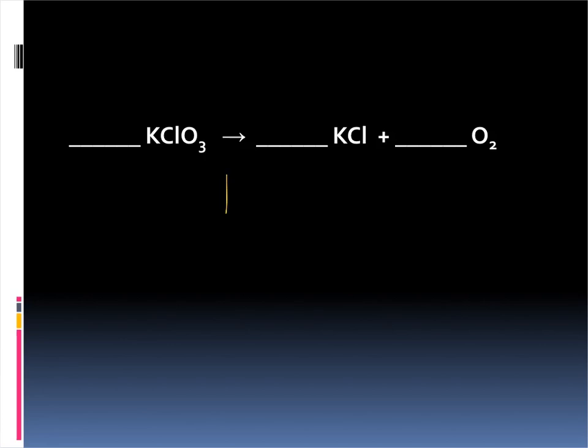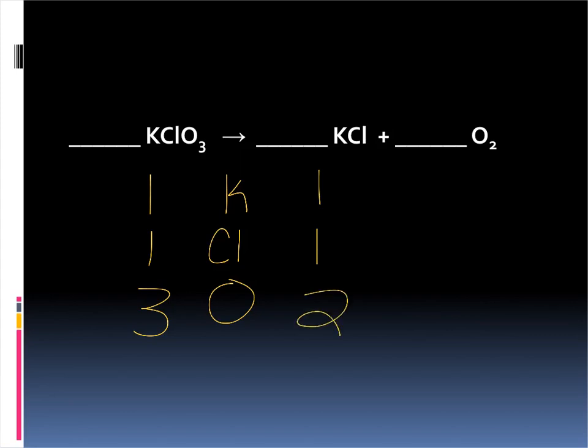Okay, all right, on this one we've got K, Cl, and O. So I've got 1, 1, and 3, and then 1, 1, and 2. So I've got to get my 2 and 3s to be the same number, so I need to take them to 6, right? So if I put a 2 there, that changes my K's and my Cl's, and then now my O's are 6.